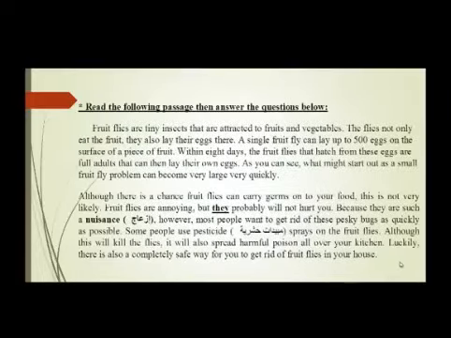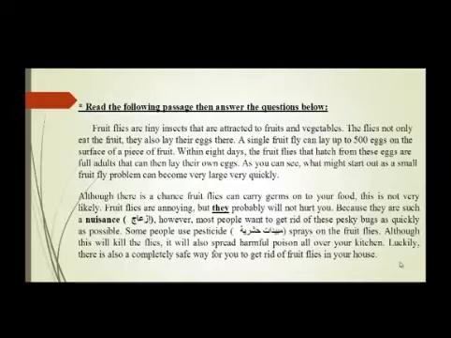Now we are moving to the next question, which is reading comprehension. You are asked to read the passage and answer the questions. This is a passage of 2 paragraphs. Fruit flies are tiny insects that are attracted to fruits and vegetables.